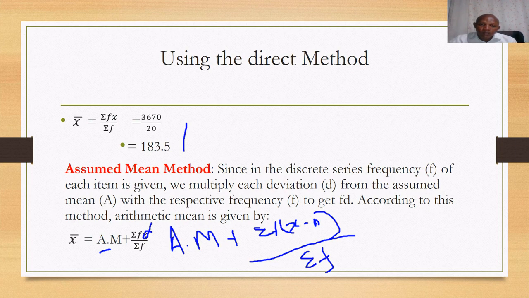This is my a, divided by summation of f. Now take note that our x minus a is the same as d. So now this is supposed to be our d: sum of fd over sum of f.